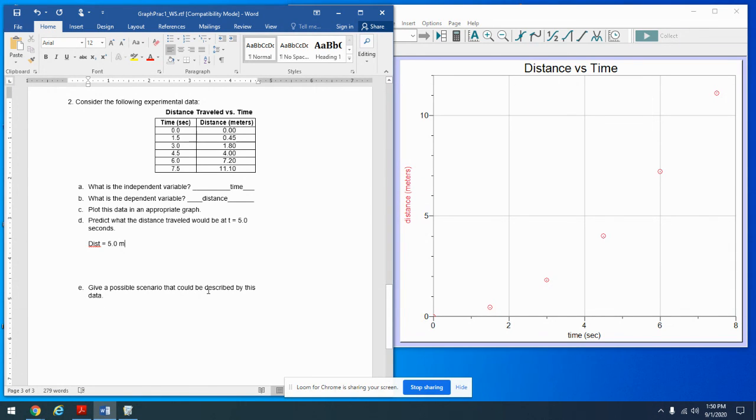All right, and then give a possible scenario that could be described by this data. Well, at 0 seconds, this thing was at distance 0, and then at 1.5 seconds, it had gone about half a meter, and then at 3 seconds, it had gone 1.8. So that's a bigger jump of distance in the same amount of time.